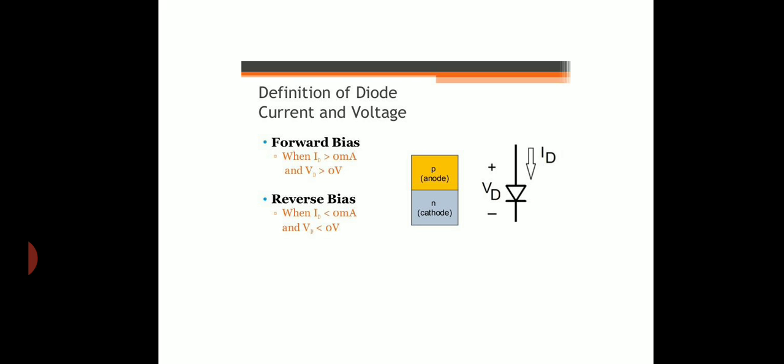So definition of diode current and voltage. Forward bias condition. When diode current is greater than 0 milliamps and the diode voltage is more than 0 volt, then it is forward biased. When diode current is less than 0 milliamps and diode voltage is less than 0 volt, then it is called reverse bias.